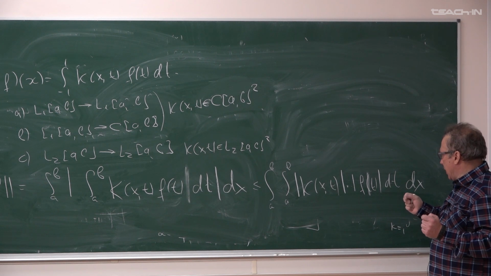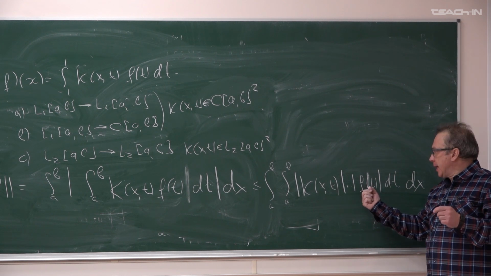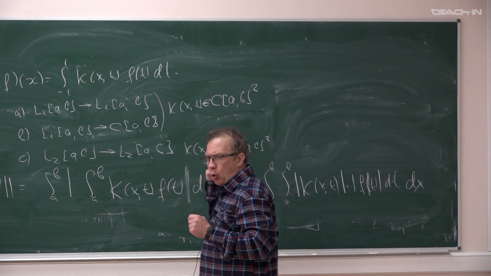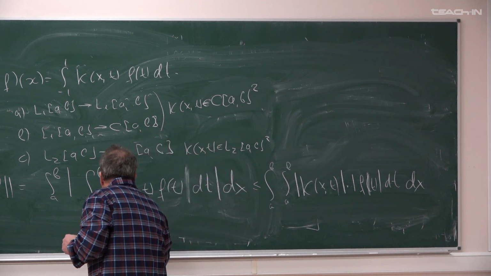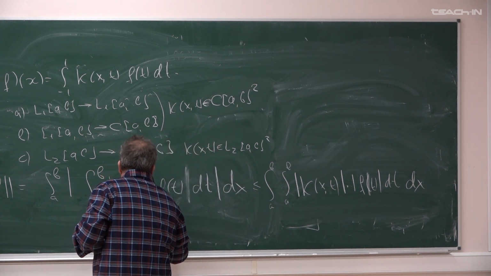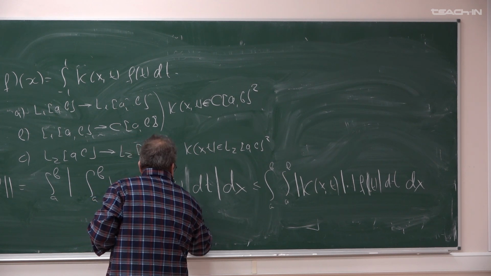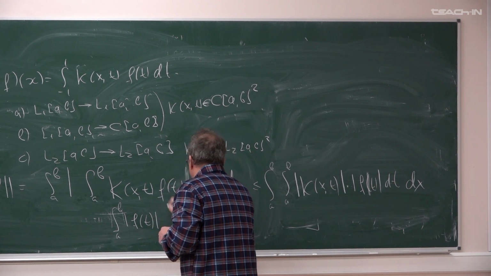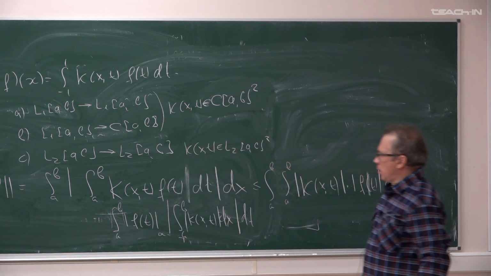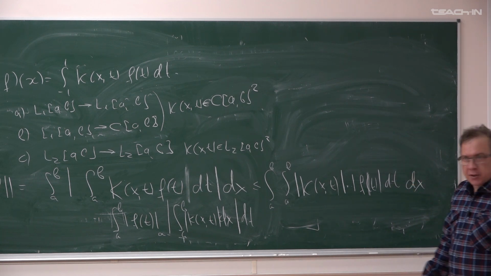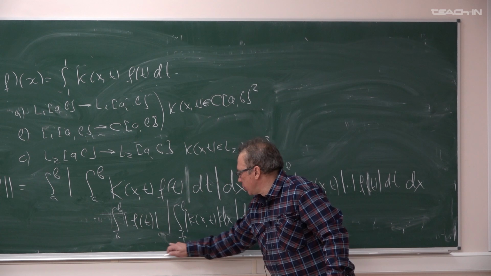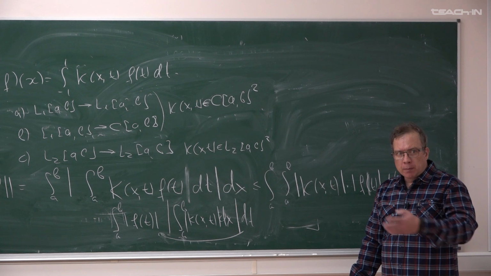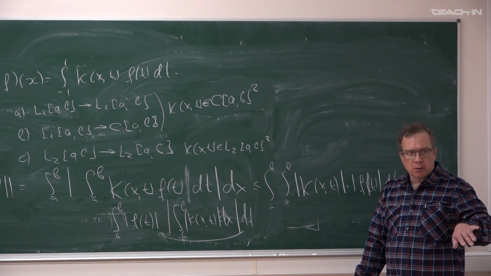So what can we do? We can make a Fubini theorem first. We can do it because everything is integrable. So we change the order. This is some function of t, and we must take it away from the integral.